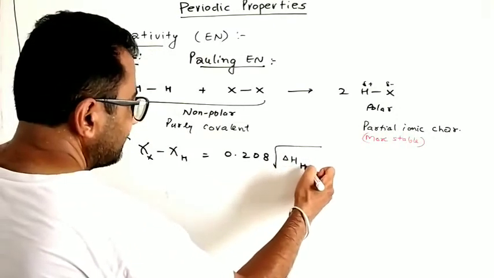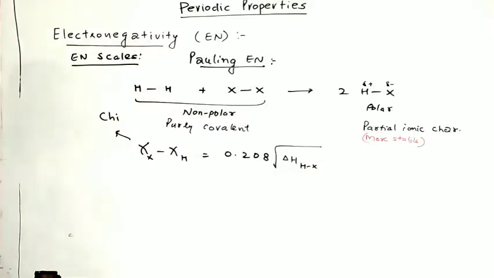So this is the formula. Here chi X and chi H are the electronegativities, and delta HX is the extra bond energy.